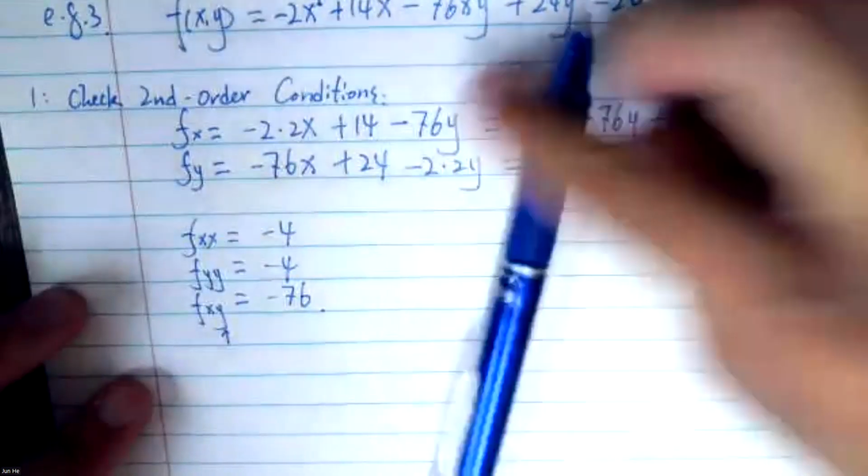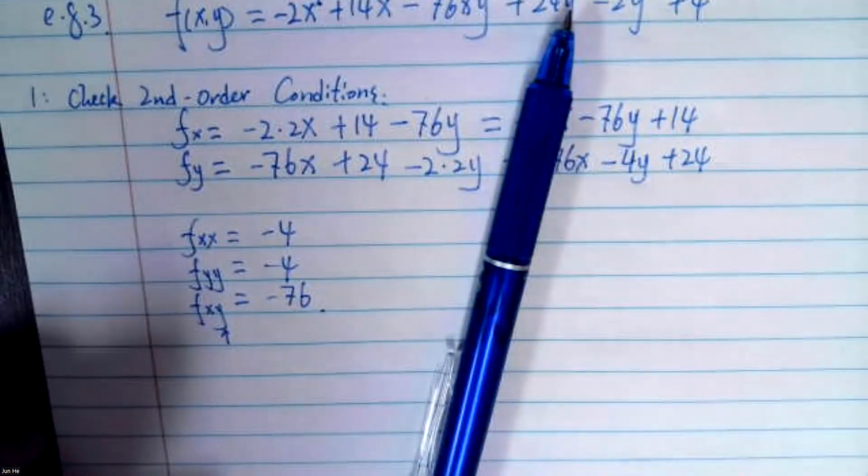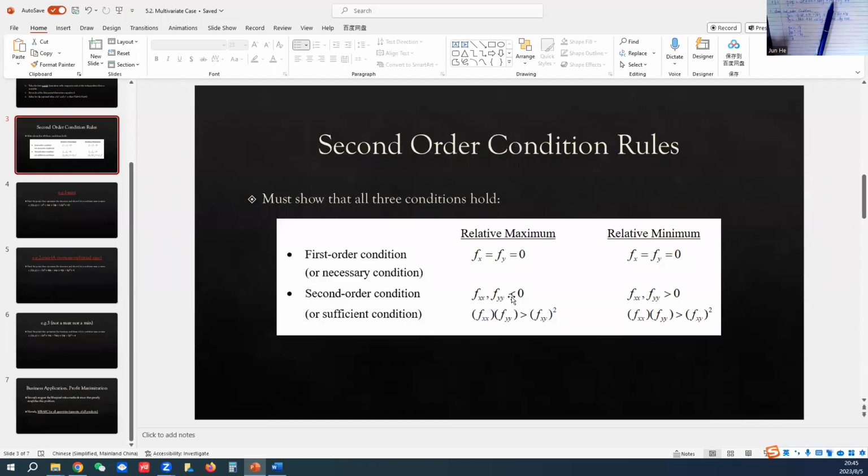So now let's turn to the previous reference, which is this. Okay, so fxx, fyy, those straight or direct derivatives, in this case, are both smaller than 0.